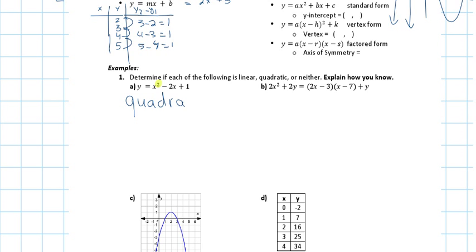Because your highest degree is 2, as long as everything is simplified and there are no like terms, because otherwise you're going to have to collect the like terms.